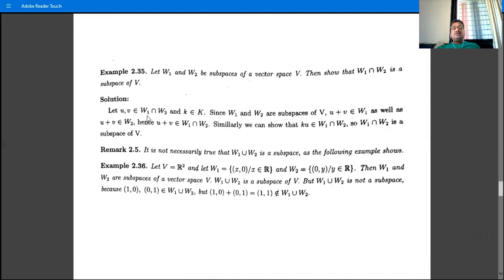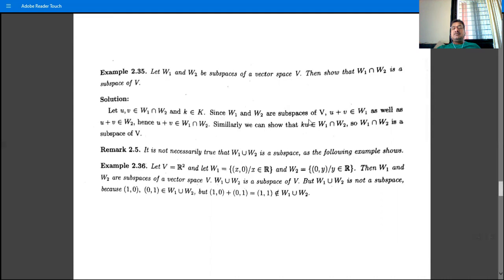U and V belong to W1 and W1 is a subspace, so U plus V belongs to W1. U and V belong to W2, and W2 is a subspace, meaning the addition U plus V also belongs to W2.